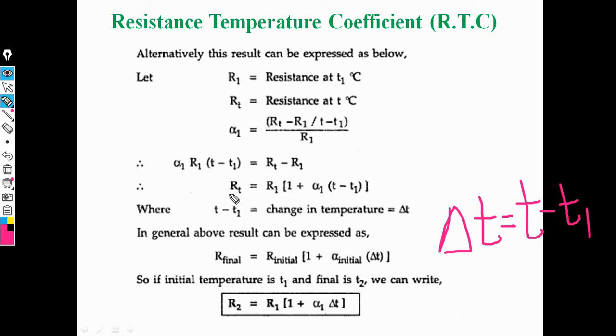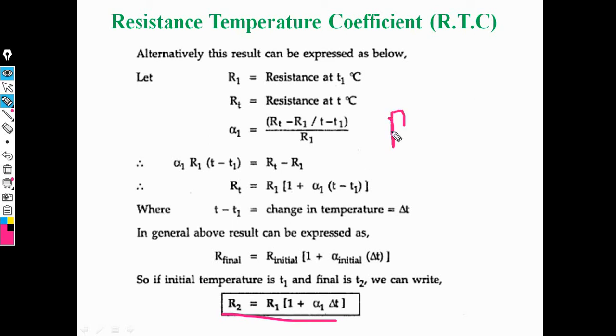Now here RT is the final resistance, R1 is the initial resistance, and alpha 1 is the initial temperature coefficient, and T minus T1 is delta T. This is for resistance RT, that is RT is equal to R1, then we obtain R2.